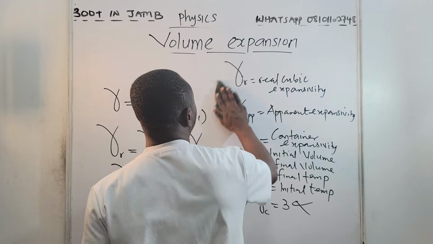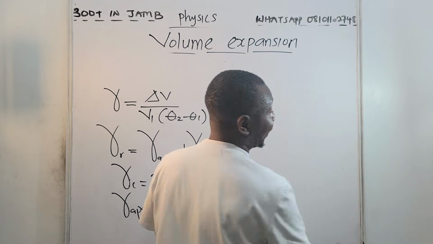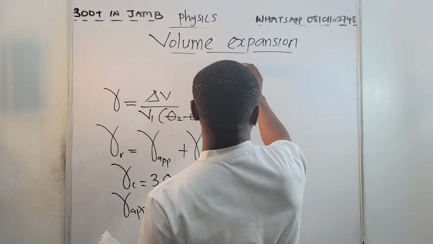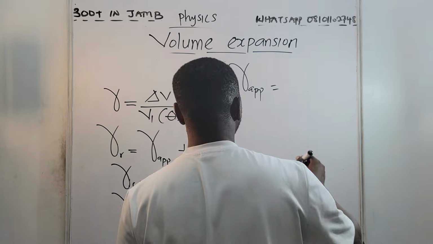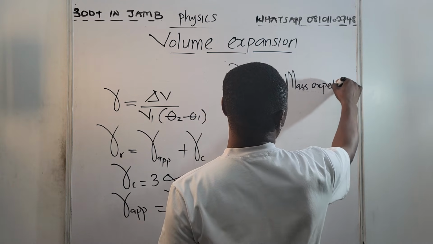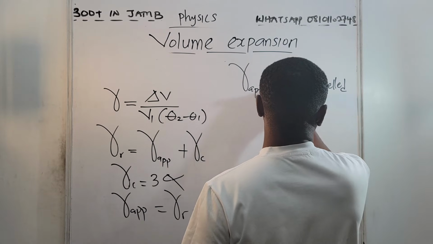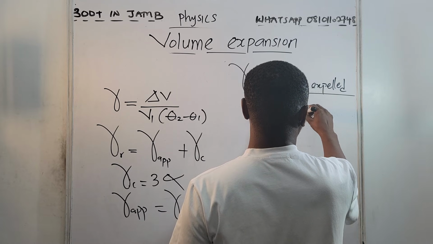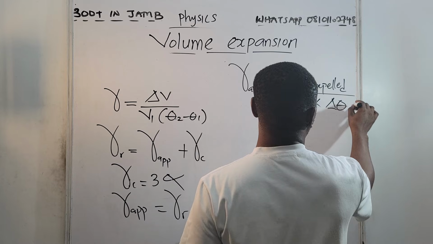So the apparent cubic expansivity is equal to the mass expelled, or mass given off to the surrounding, over the mass remaining times change in temperature.